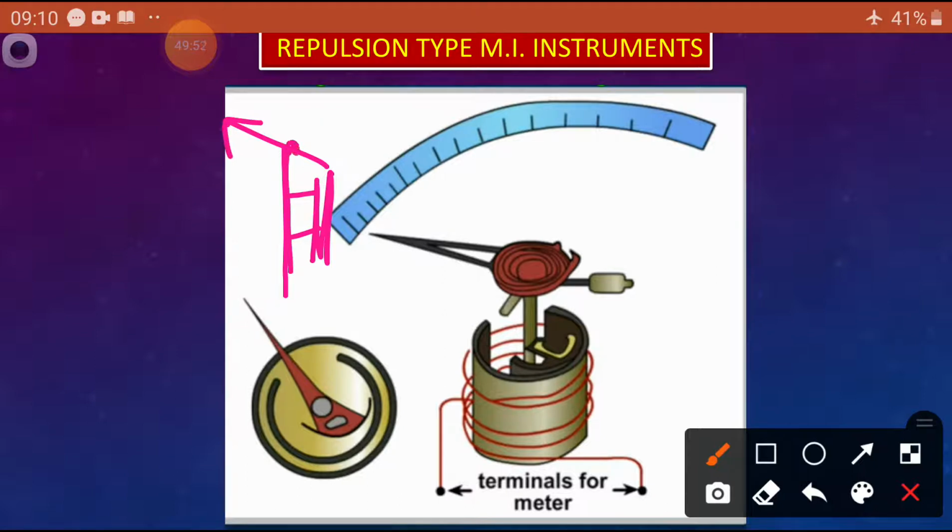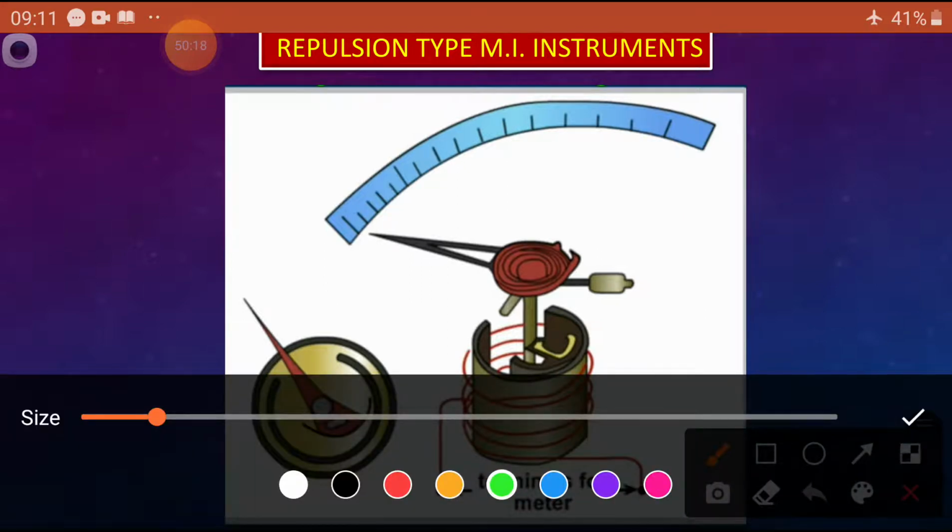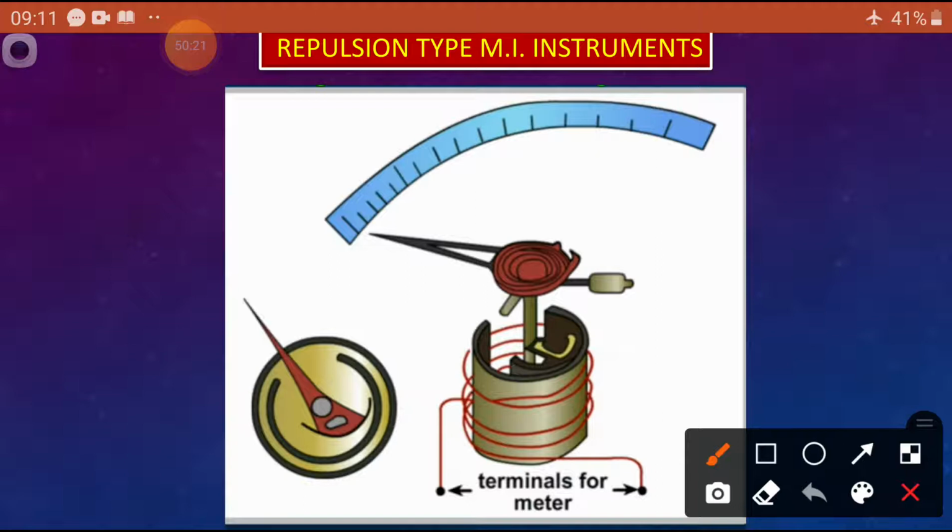The spindle is placed here, and one iron piece is placed here, which you can see inside. At the same time, another iron piece is also attached here. This is an iron piece, attached to this electromagnet.